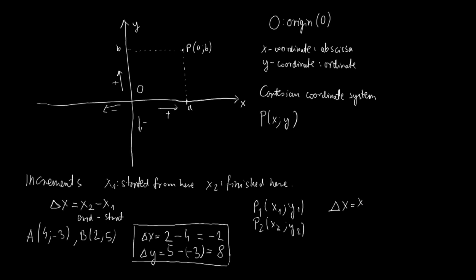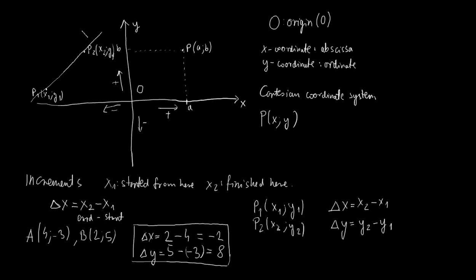Delta x is x2 minus x1, and delta y equals y2 minus y1. Let's visualize this: we have a point P1 and a point P2 in the plane, placed randomly, with P2 at (x2, y2) and P1 at (x1, y1), and we simply connect them.